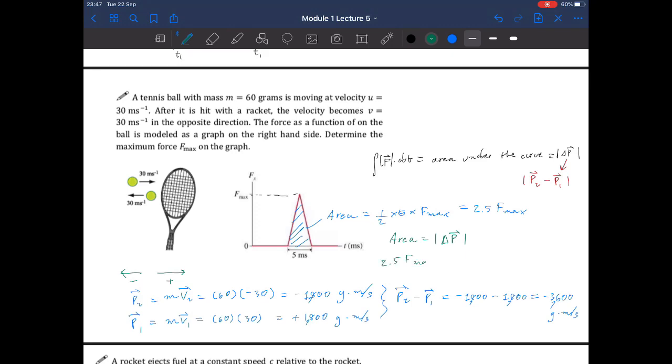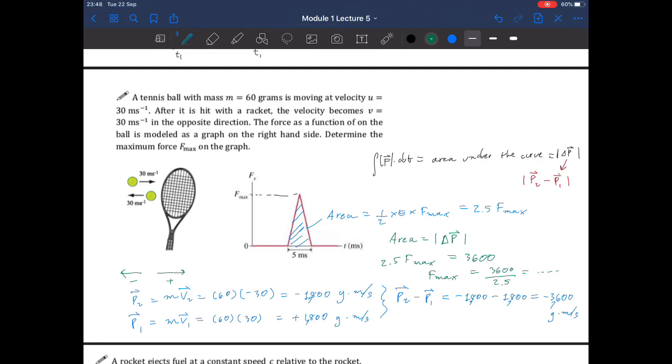So in the end, what you have is area equals the magnitude of delta p, and so that would be 2.5 F max equals 3600, and so F max is equal to 3600 over 2.5.